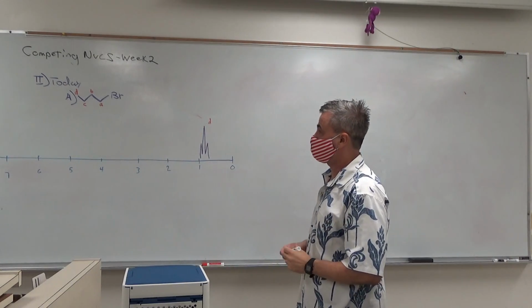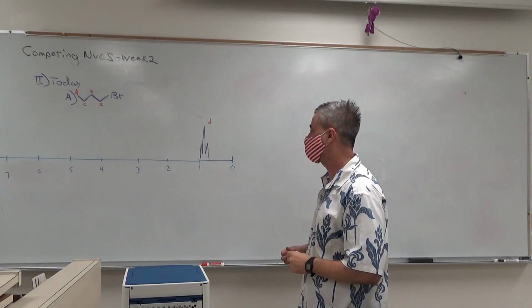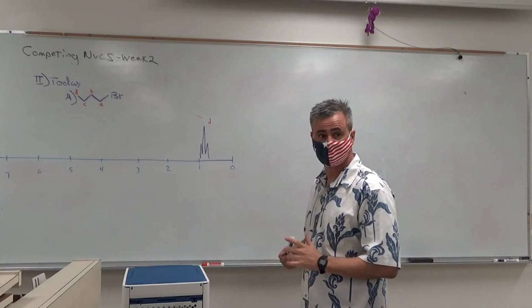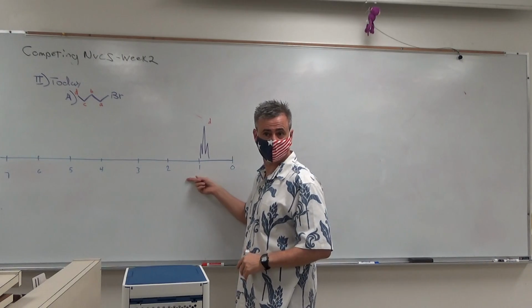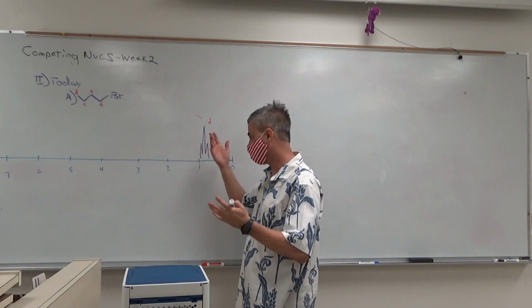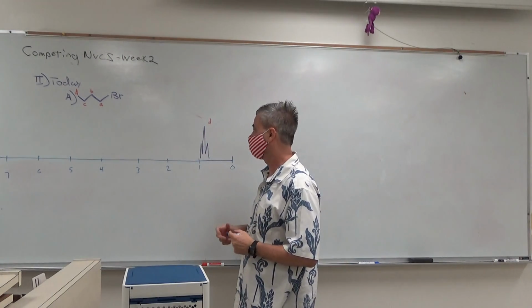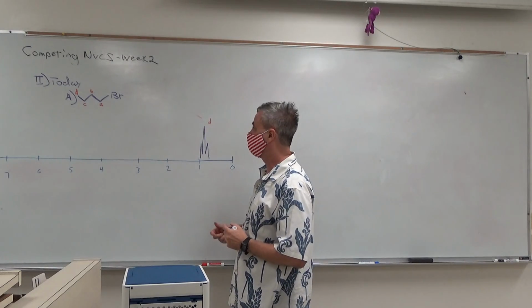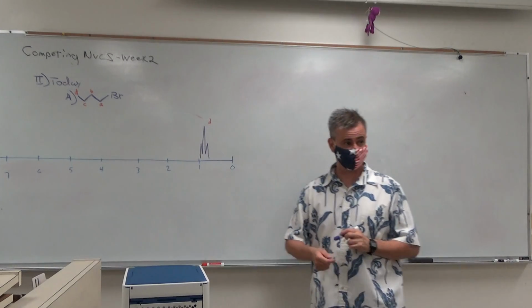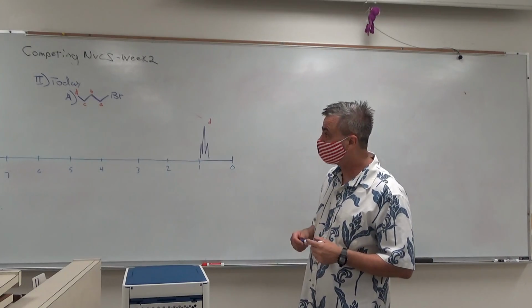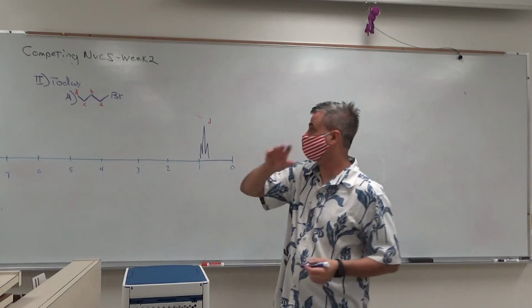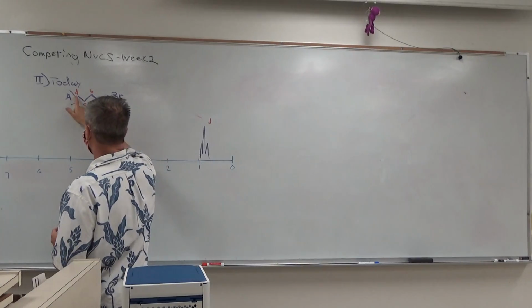All right, C. Where would we think C would be? It's a CH2. It's probably just going to be in this range, right? It really doesn't feel much of the bromine, so not too much going on. What would we expect the multiplicity of C to be? Yeah, sextet. It's got 5 neighbors, 2 here, 3 here.